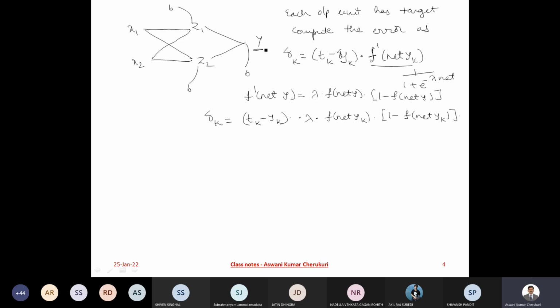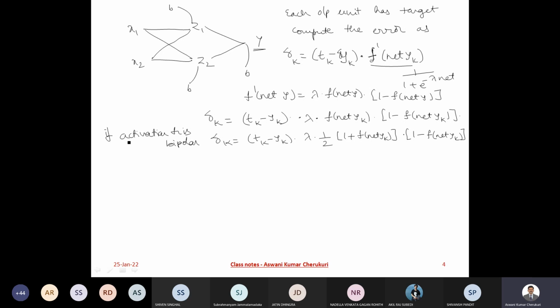Okay, is that clear? Yes. Imagine if the activation function is bipolar sigmoidal, then del k is equal to tk minus yk, into lambda, into half, into 1 plus f net yk, into 1 minus f net yk.